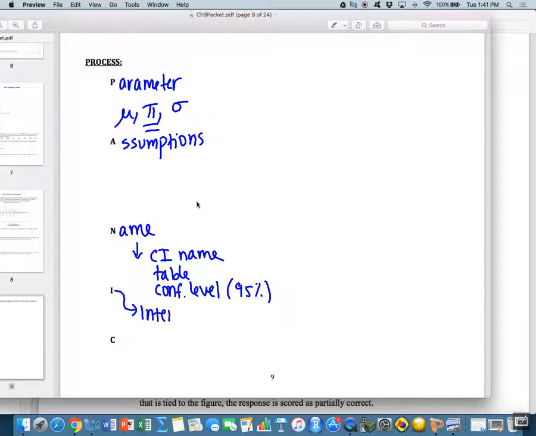I is for the interval itself. So I is where you first do calculations. You're not going to do any calculations for the interval in P, A, or N. I is when you actually do the calculations. C is your conclusion. For your conclusion, you need 2 interpretations.